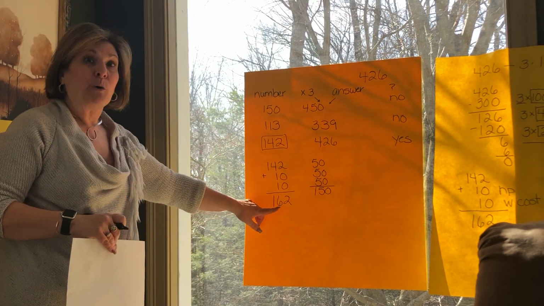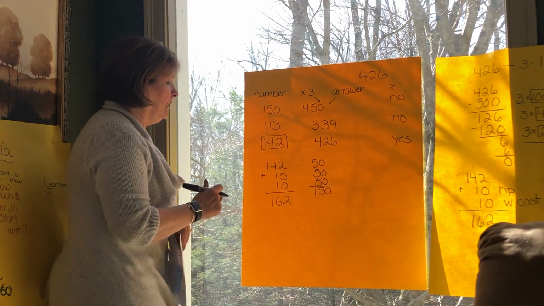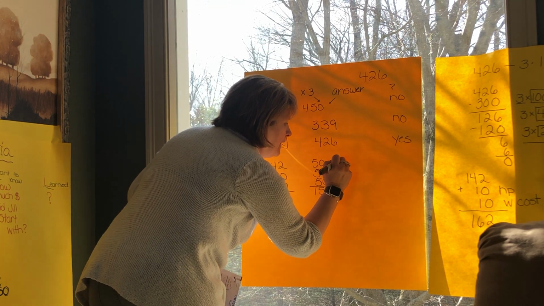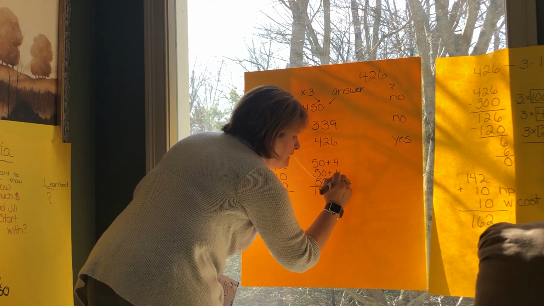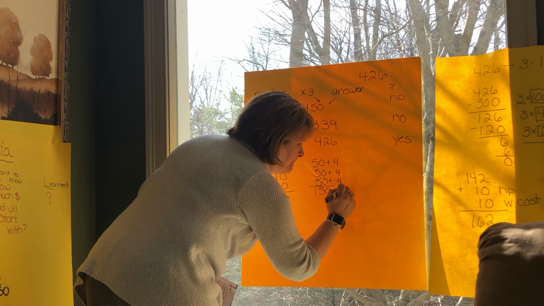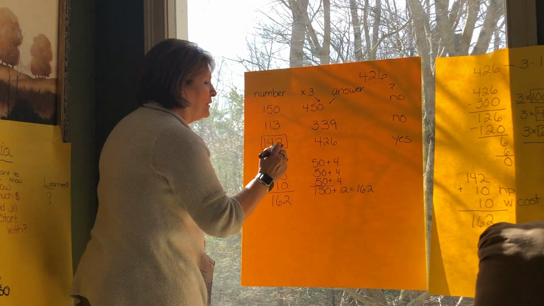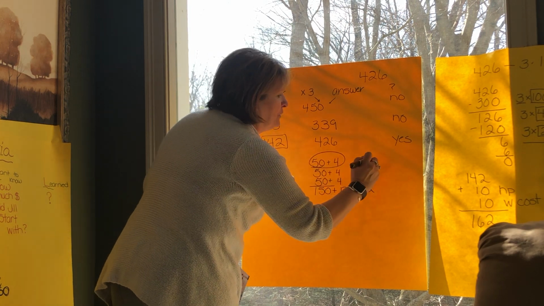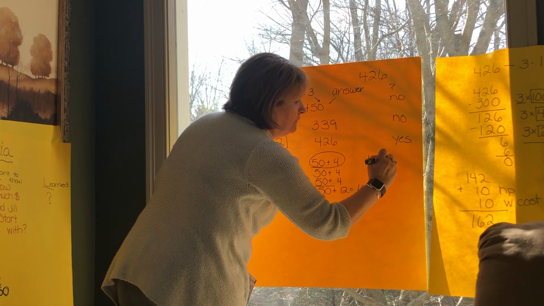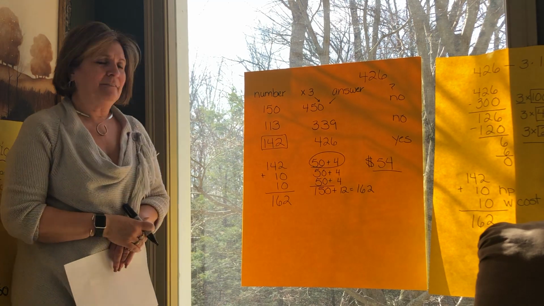And then there would be 12 more left over. And so I know that if I add 4 to each of these, I'm going to get the 162. So that means that Jill must have given him $54 to start.